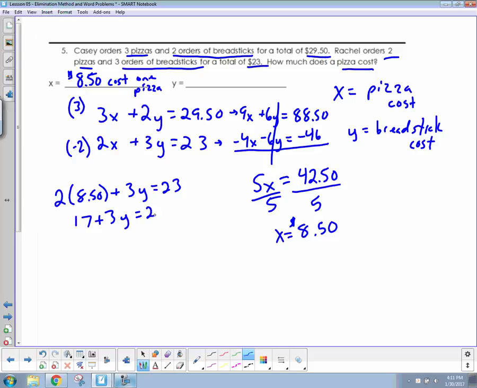Subtract 17 from 23, that's 6, so 3y equals 6. Divide by 3. y equals $2. $2 for the cost of breadsticks. Boom. Nailed it.